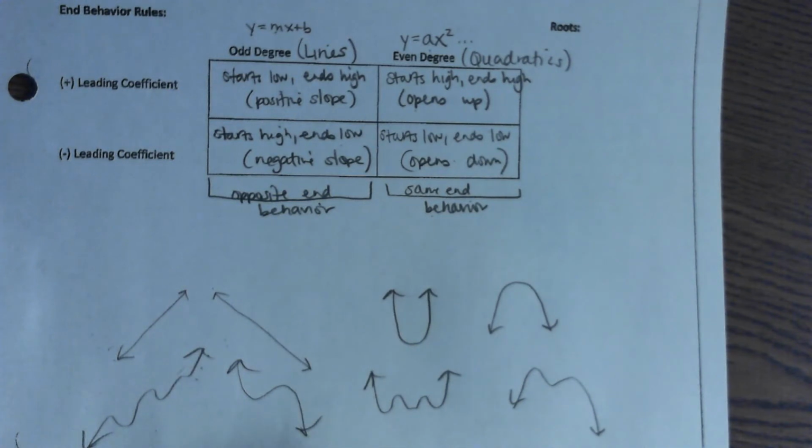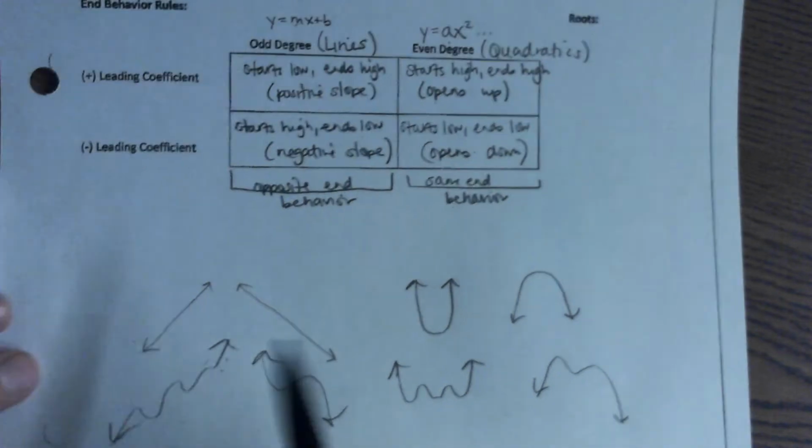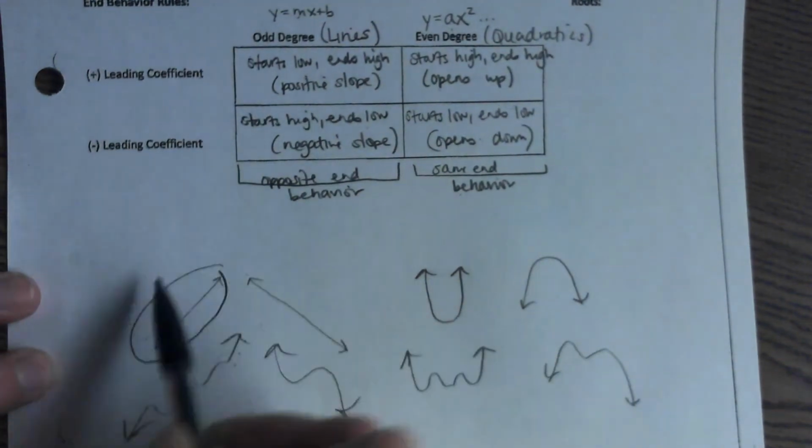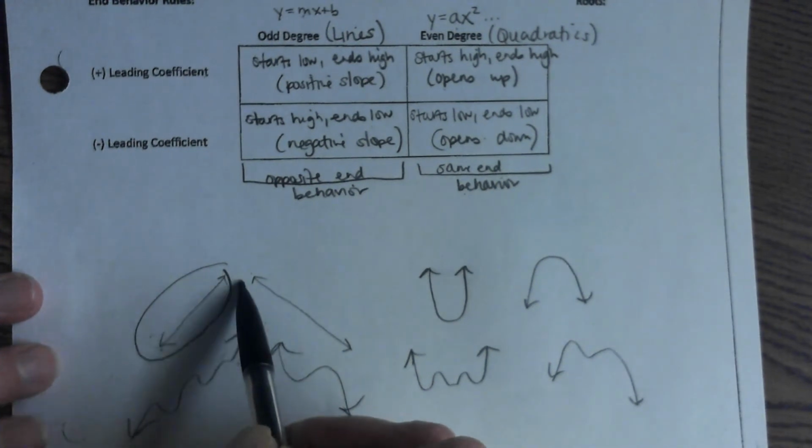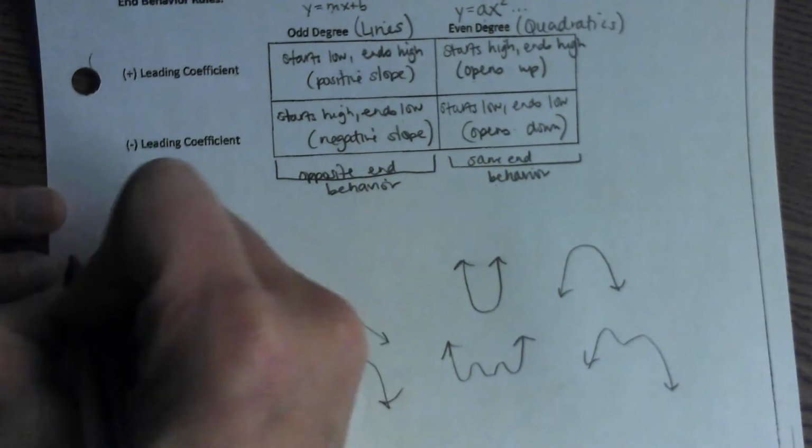Now, when I put this little chart together, I use very informal math language, like starts low, ends high. If I were to describe this behavior more formally, rather than saying starts low, ends high, the proper notation would be like this.